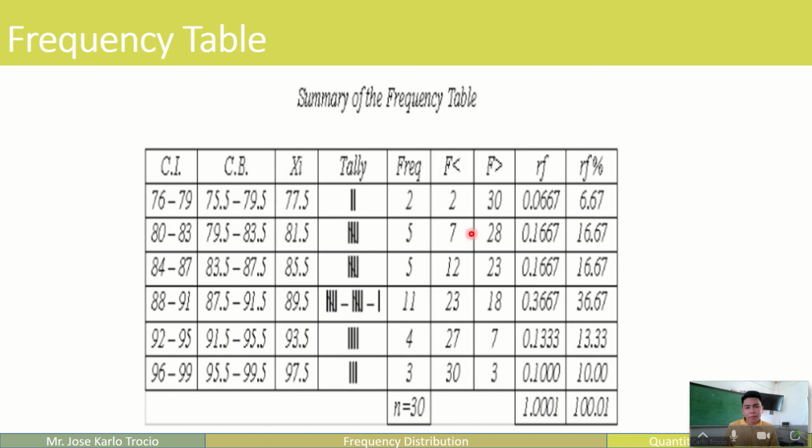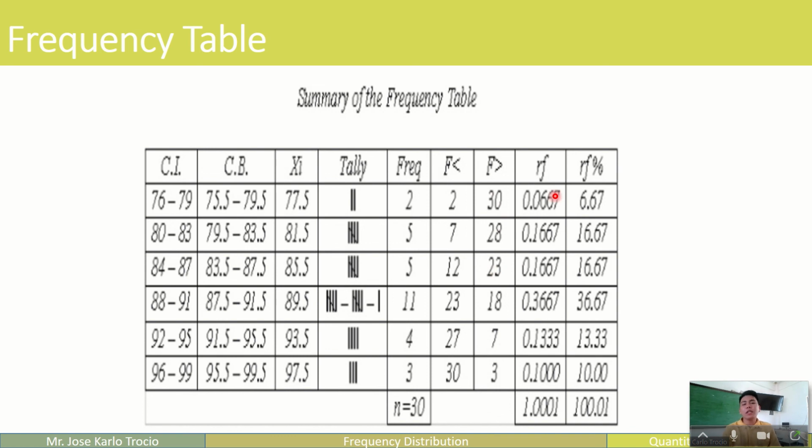And then 7 plus 5 is 12. 12 plus 11 is 23. 23 plus 4 is 27. 27 plus 3 is 30. Therefore, your frequency is correct. Next, you can also use a descending order: 30 minus 2 is 28. 28 minus 5 is 23, and so on.